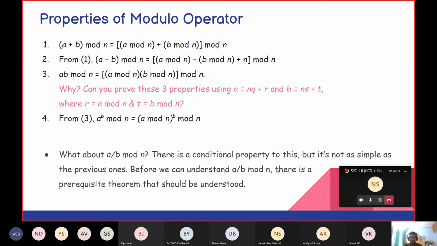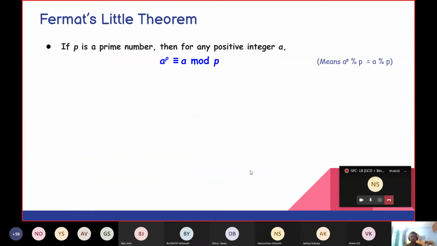Before we can go there, there's a prerequisite theorem that we need to understand. Some of you might have seen Fermat's little theorem in 10th or 11th. If p is a prime number, then for any positive integer a, a^p is congruent to a mod p. I've introduced a new symbol here, congruent to.